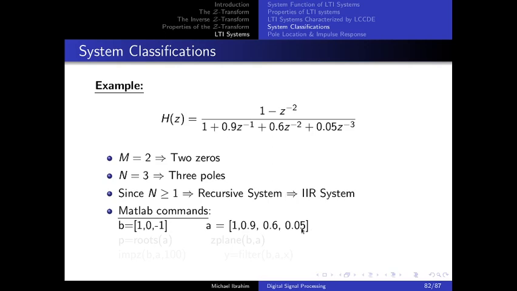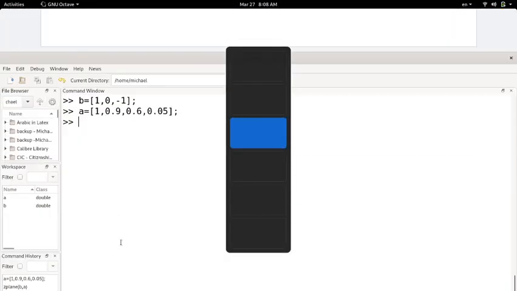Okay, let's say we want to find the poles and zeros. Poles are basically the roots of the denominator polynomial. We need to factorize this polynomial and find its roots. In MATLAB, there is a command called roots that will give us the roots of a polynomial. So roots of a, the feedback polynomial, or the polynomial in the denominator, will give us the poles. Let's try it in MATLAB.